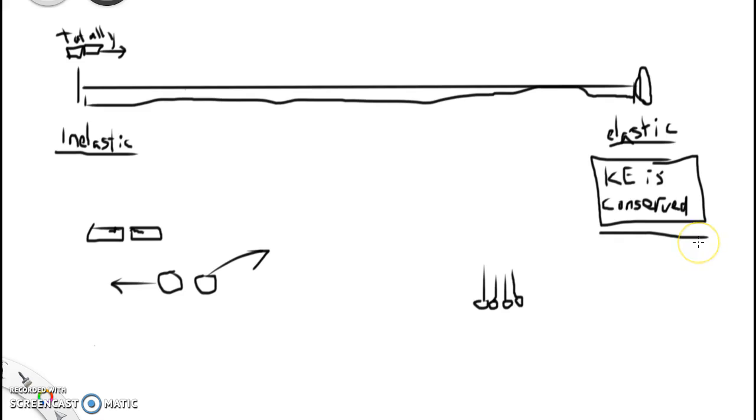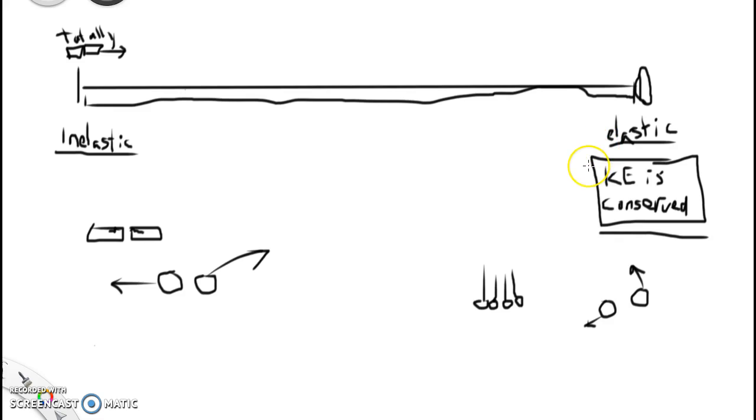The only real perfectly elastic collisions that happen are those between molecules, say in a gas, that bounce off each other. In those collisions, not only is the total momentum conserved, but all the energy they had is conserved as well.